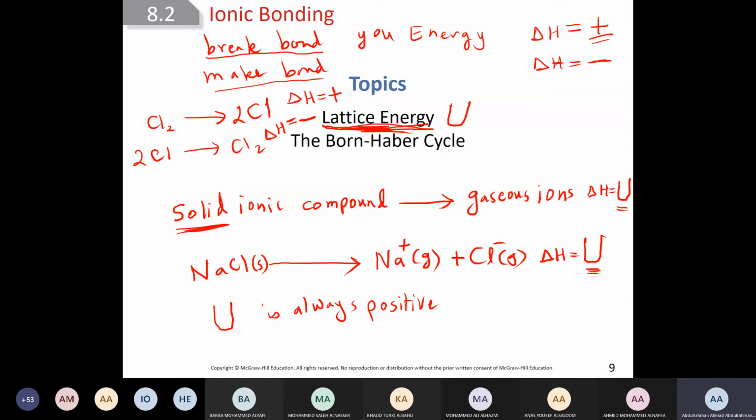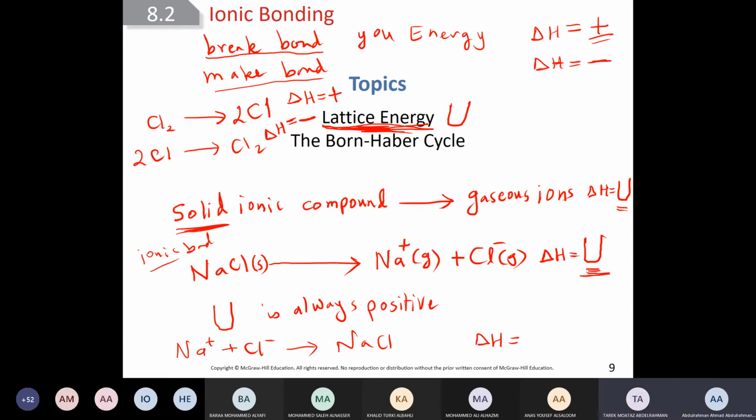Now, what are we doing here? We're breaking the ionic bond between NaCl. Is U going to be positive or negative? It will always be positive. How about Na plus and Cl minus going to NaCl? What will be the energy of this reaction? Negative, because we are making the bond.